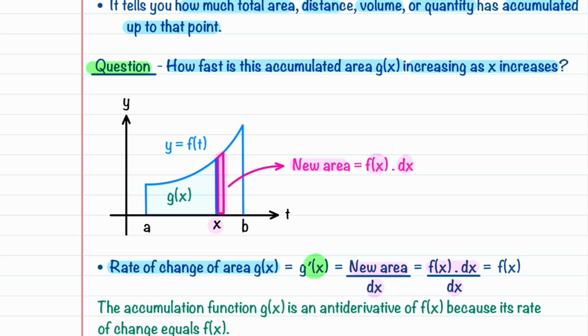We now divide that by dx, and we get that it's equal to f evaluated at x. So the rate of change of the area g of x is just f of x. The accumulation function g of x is an antiderivative of f of x because its rate of change equals f of x.